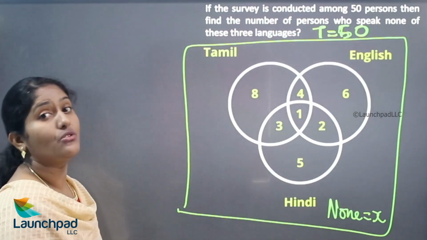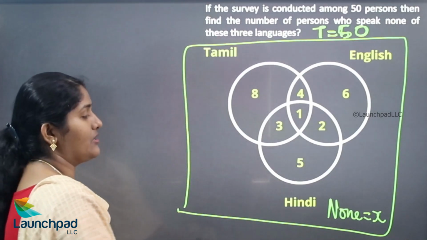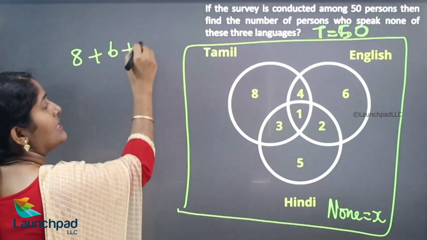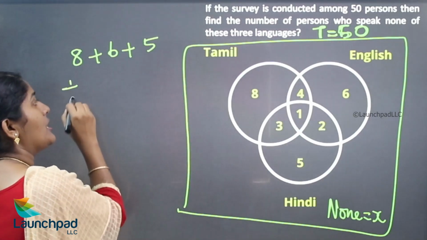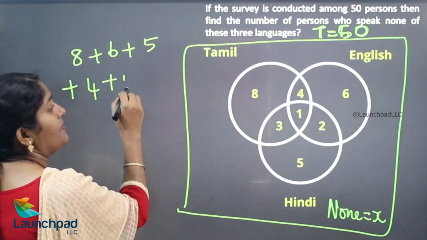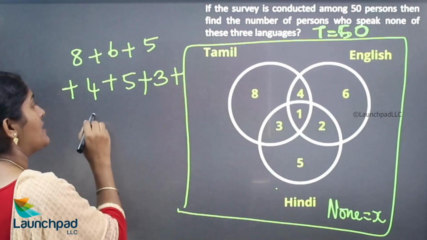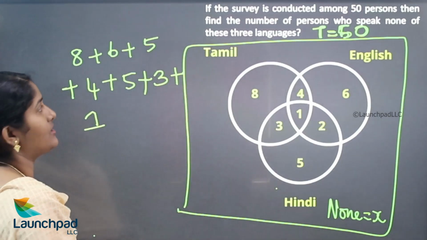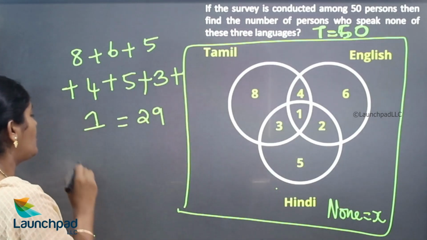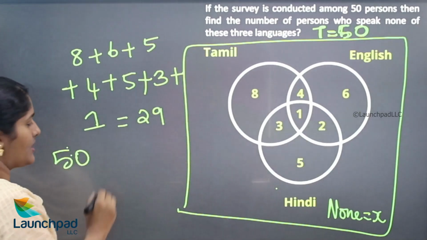First of all, we need to calculate how many persons speak Tamil, English and Hindi. Tamil, English, Hindi: 8 plus 6 plus 5. How many persons speak two languages: 4, 3 and 2? How many persons speak all three languages? Only one person. Totally 29. The total value is 50.